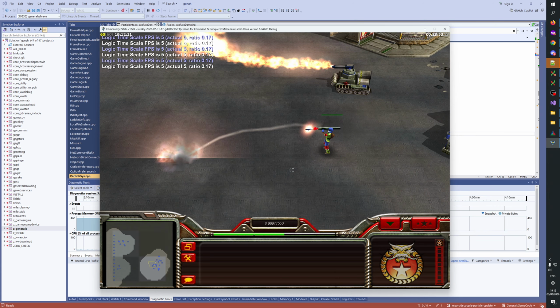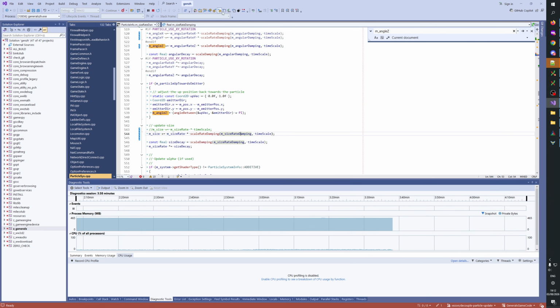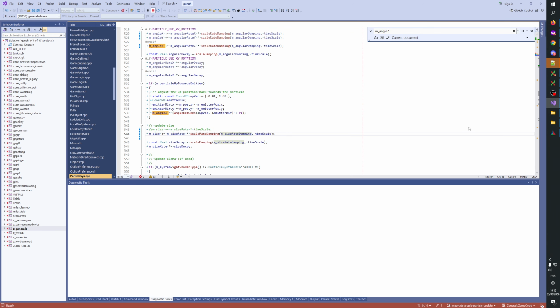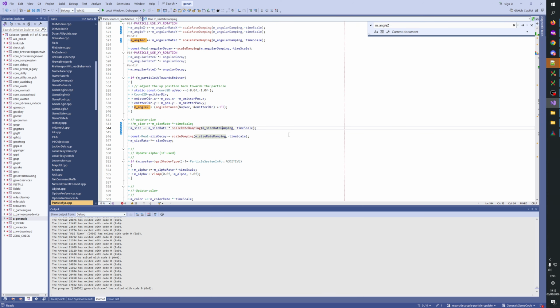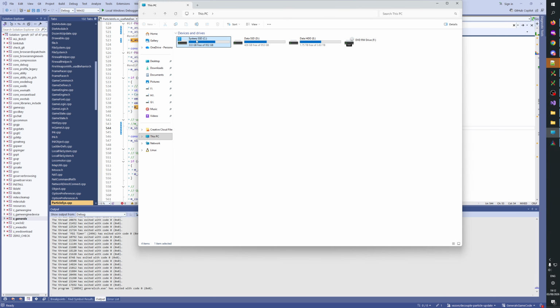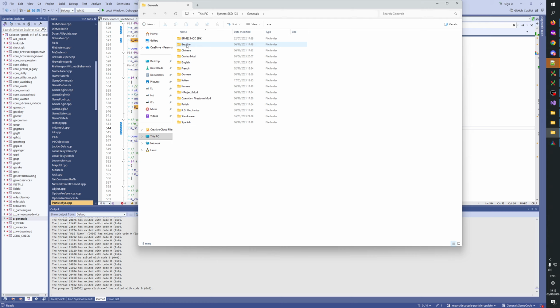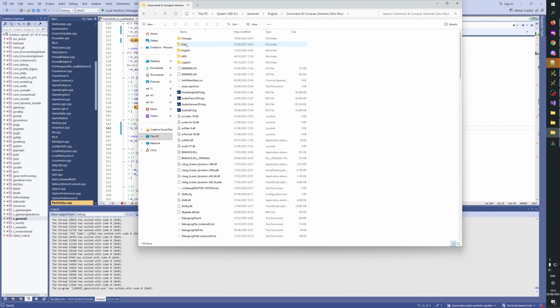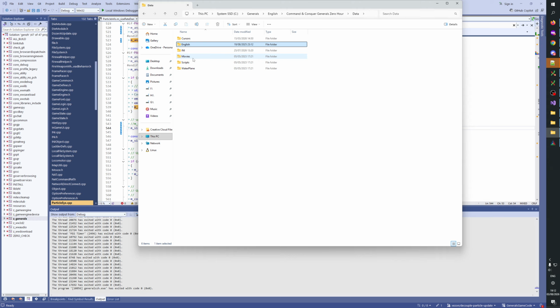I think what we need to do is load up the original game. Do we still have our test particle? Data ini particle decoupling test. I think it was this one.